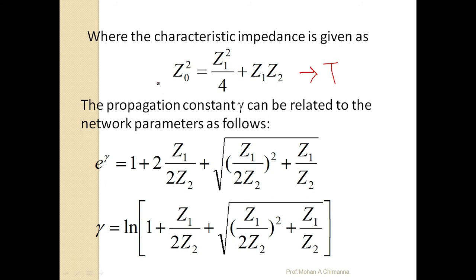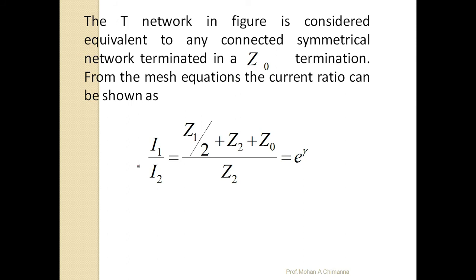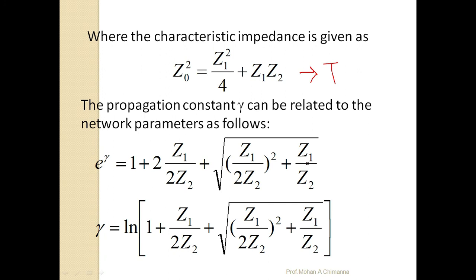So the propagation constant gamma can be related to the network parameters as follows: e raised to gamma is equal to 1 plus Z1 upon 2 Z2 plus root of (Z1 upon 2 Z2) square plus Z1 upon Z2.